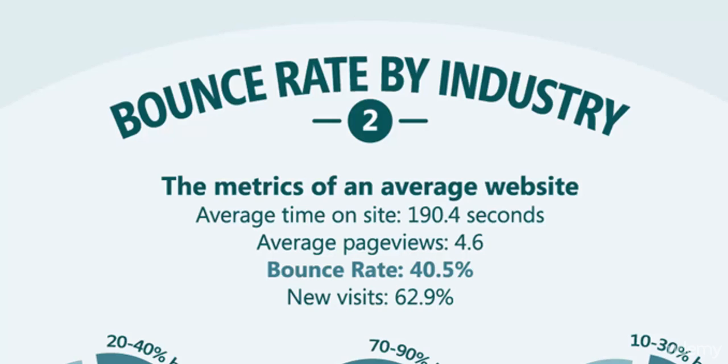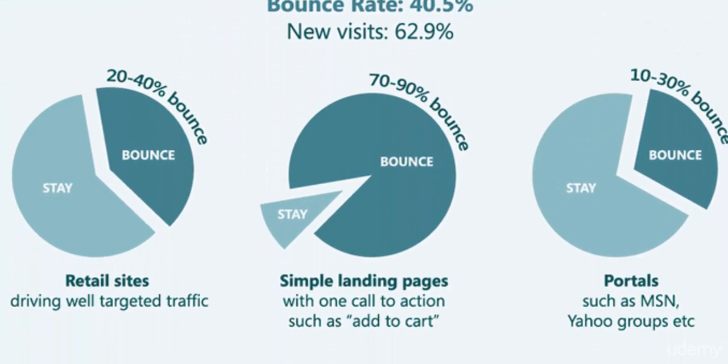There comes the average bounce rate, that is 40%. But for retail sites which drive well targeted traffic, the bounce rate is just 20 to 40%. For single landing pages or the sales pitch pages, most of the users bounce back, and that's why it has got an average of 70 to 90% bounce rate.